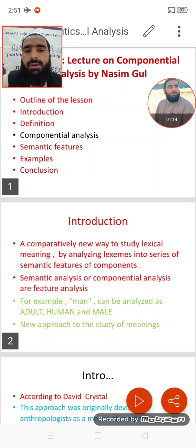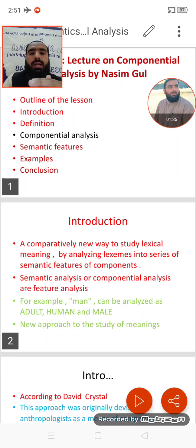According to the Oxford Advanced Learner's Dictionary, online dictionary, componential analysis is the study of meanings by dividing them into parts. Okay, to study meanings of words by analyzing the very parts of the meanings.